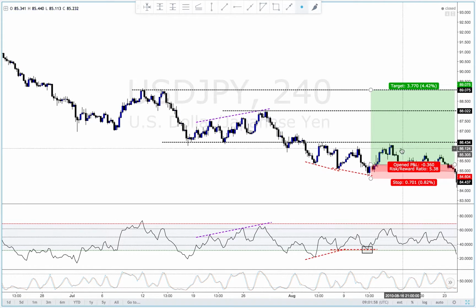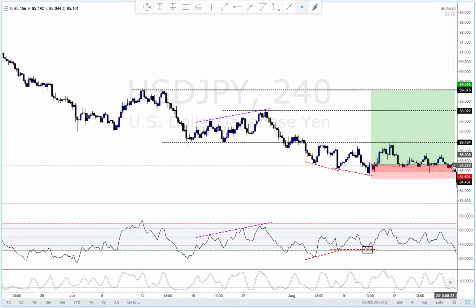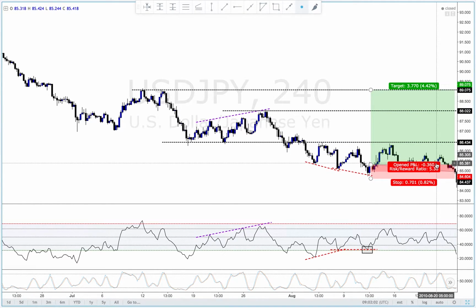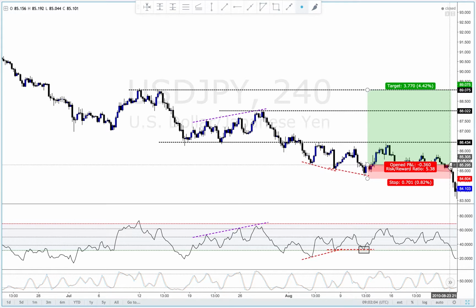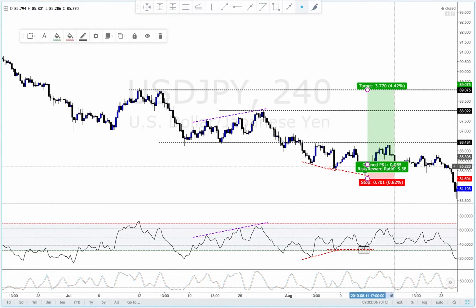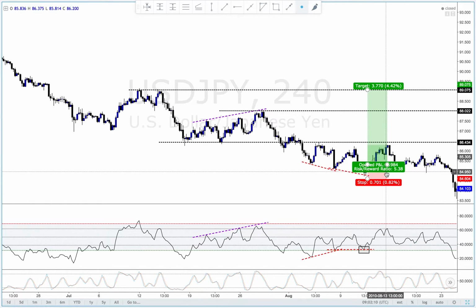But not before we had the chance to exit. 98 pips in profit. At 50 pips, I like to put a break-even stop in already.